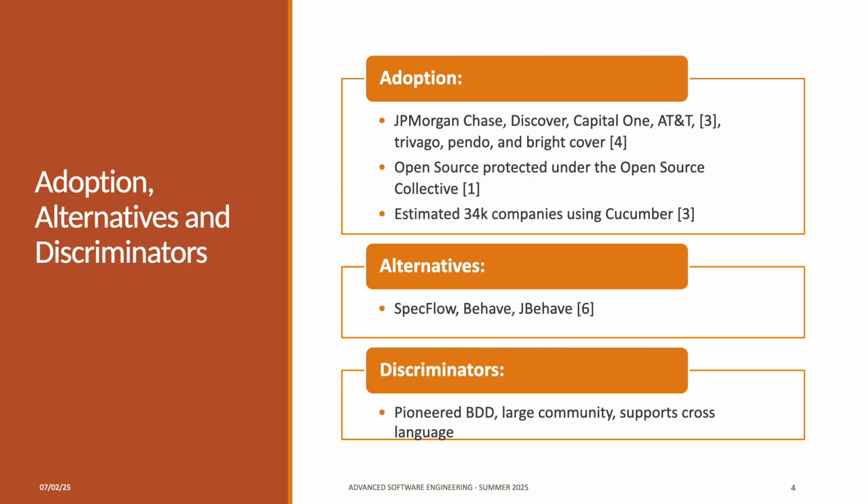But if you were looking to do automated testing for BDD, but you are in just a different language, that's where alternatives would come into play, like SpecFlow, Behave, and JBehave. So SpecFlow would be specifically for .NET and test executing in C#. Behave is a Python equivalent, and JBehave is the Java equivalent.